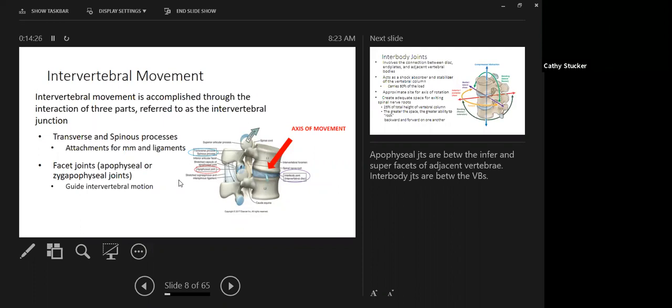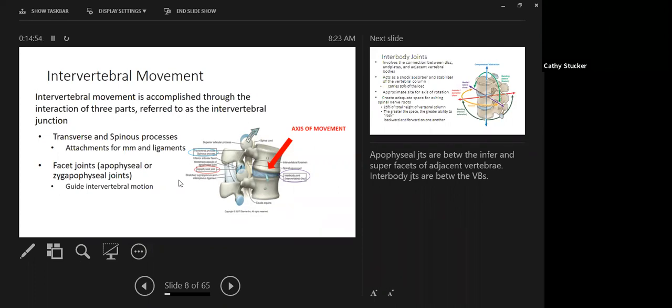The intervertebral movement, the movement of one vertebrae on the other, has three different interactions that you need to pay attention to and that influence that coupling motion. The transverse and spinous processes are attached with ligaments, and they have muscles that run in between them. So transversospinalis muscles run between two segments, or maybe they jump a segment and go to the next one below.